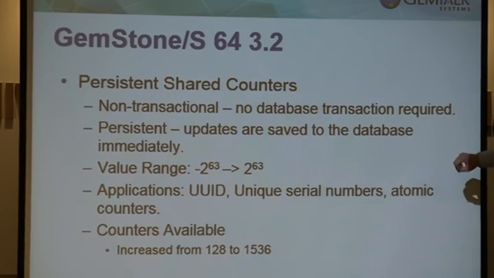Here we have a feature of persistent shared counters with a large range, and they're updated immediately even if your transaction does not commit. So simultaneously, someone can get a counter, someone else can get another counter, and this allows unique serial numbers and good capabilities in certain situations.